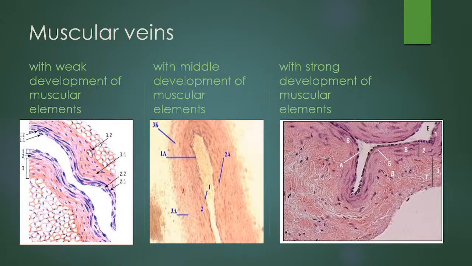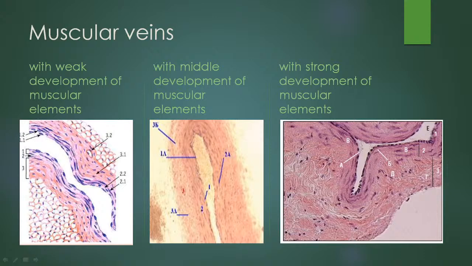Tunica Media is thin with a small amount of smooth muscle cells.